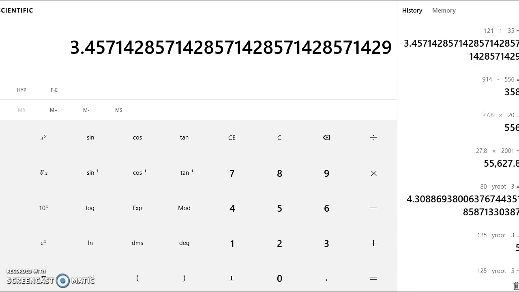The only change we see here is that it has been rounded off because our calculator can only display so many digits. So this is a repeating decimal, and I can't get my calculator off the screen.